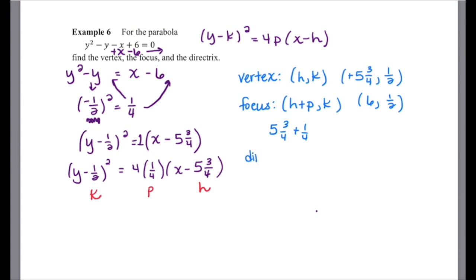And the directrix is x equals h minus p. And when I have 5 3/4 and I subtract 1/4, we have x is equal to 5.5.